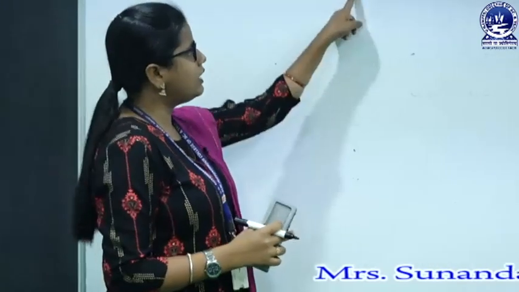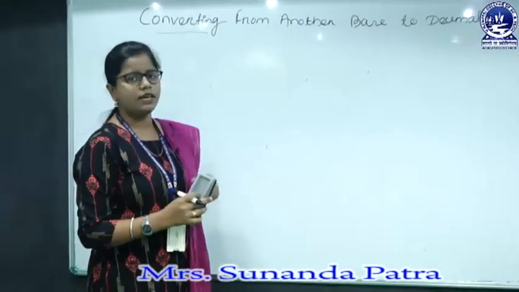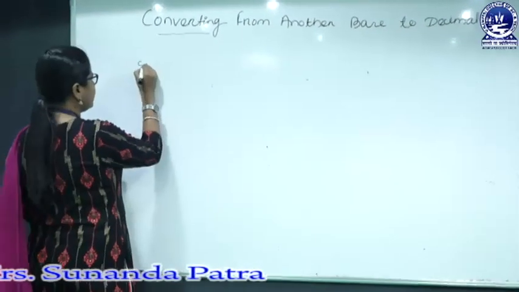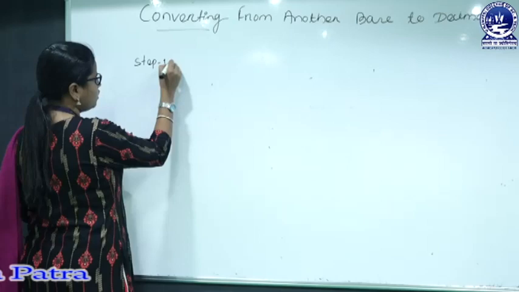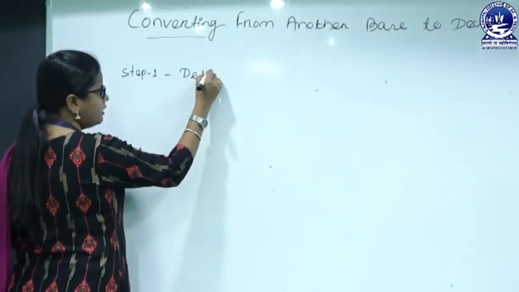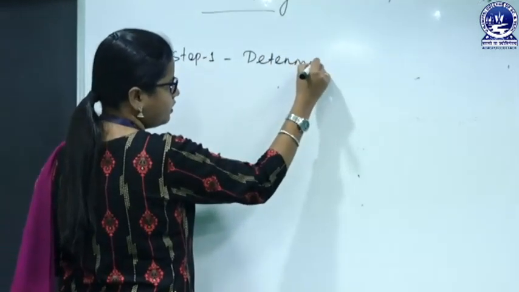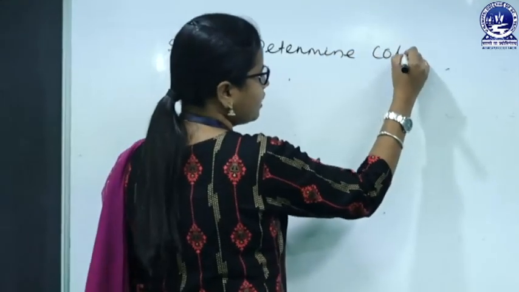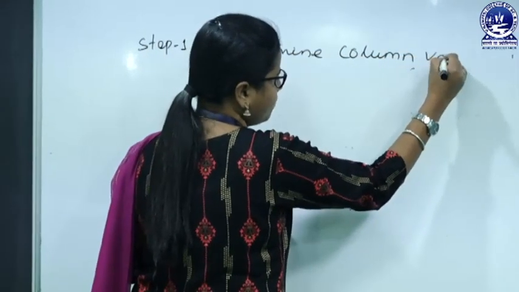So let's see what are the steps for converting another base to the decimal. Step 1: we have to determine the column values.